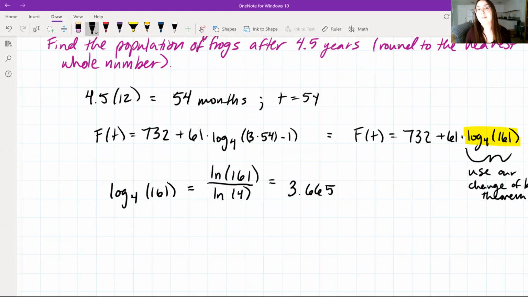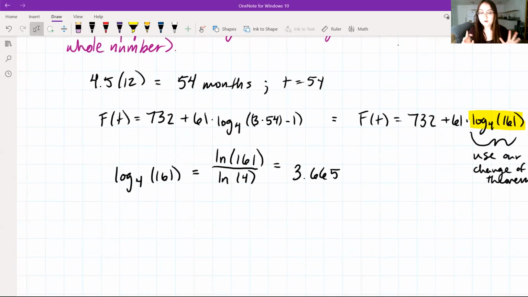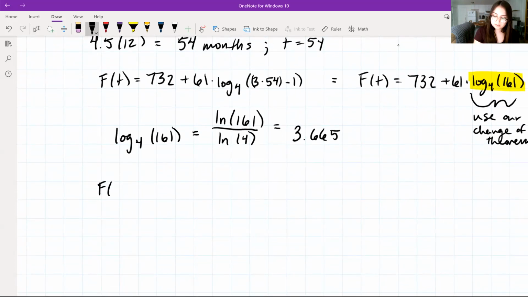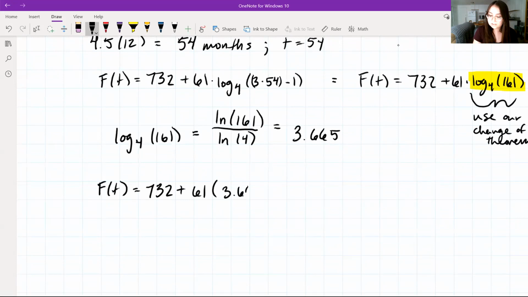Okay, so we found the value of log base 4 of 161 using our change of base theorem, and now we're going to plug it into f of t. So f of t is equal to 732 plus 61 times 3.665. We used this value and plugged it in for our logarithm.